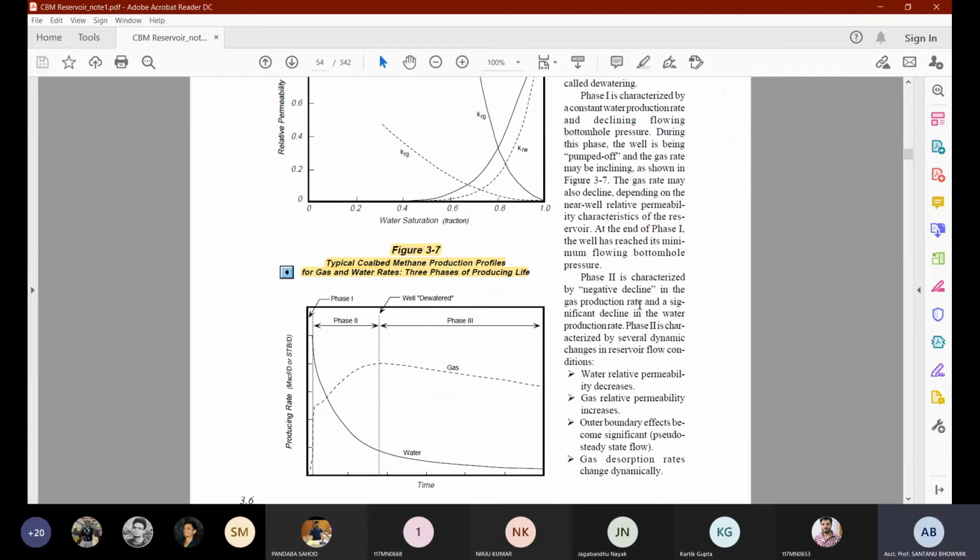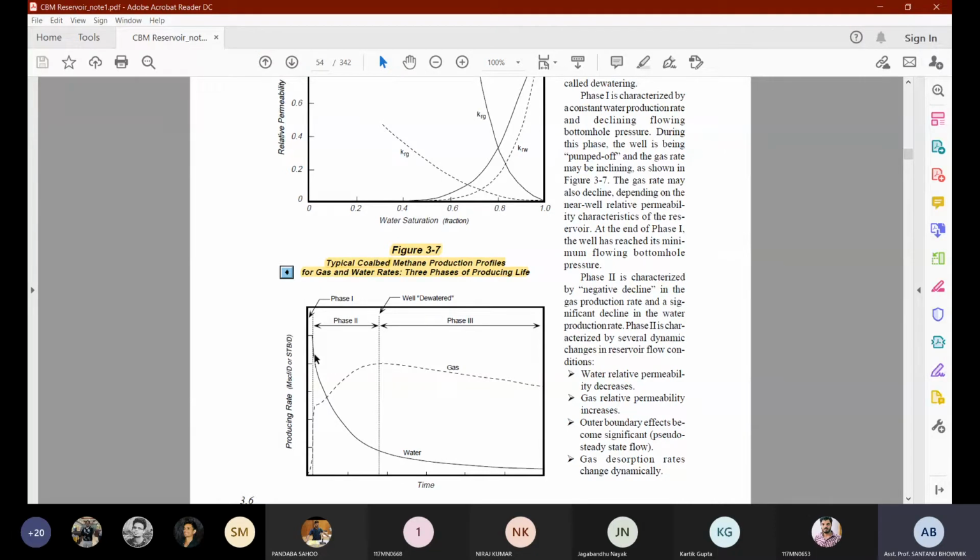Why is it increasing? You can see that in phase 2, see the gas production graph, it is actually increasing. Whatever gas production you have reached at the end of phase 1, in phase 2, although your total reservoir pressure is going to reduce, the gas production rate is increasing. Why?